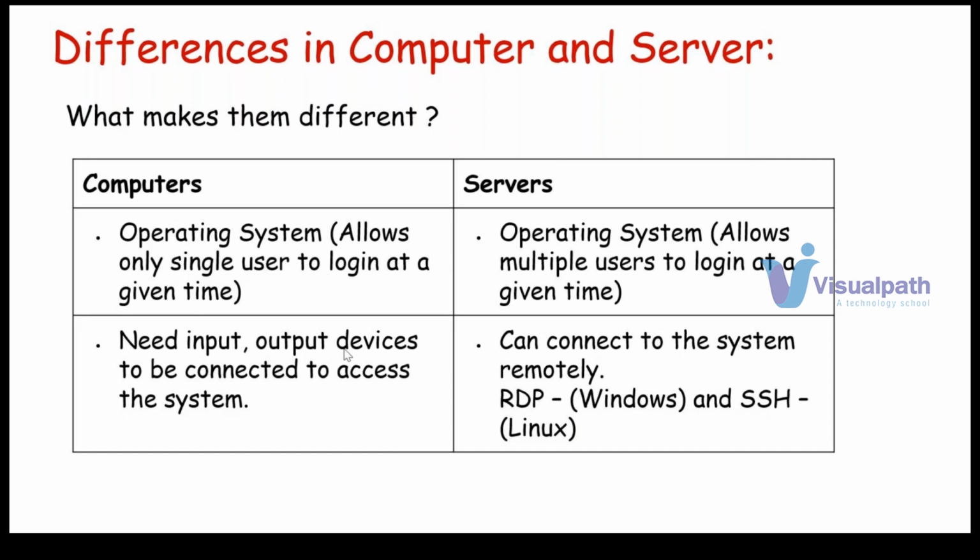That means till that person completes his task and logs off, only then will another user come and start working on it. So there is a dependency. Then what about the server? On a server, multiple users can log in at a time, as per the licenses.